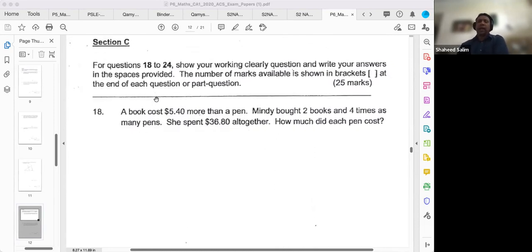I think you can use a calculator for this one. I think this is like paper 2. Because CA1, they have section C, this is like primary 4 division. So primary 4 style paper. So you can use your calculator.